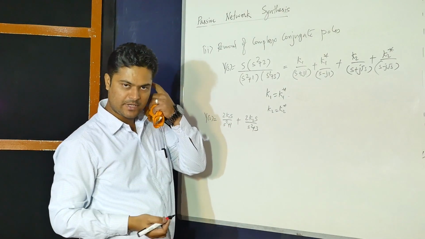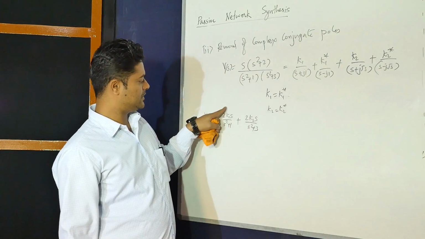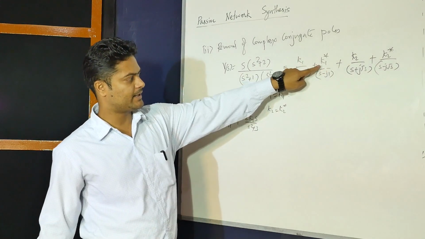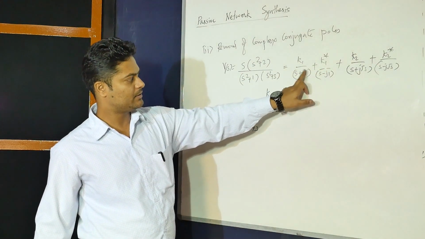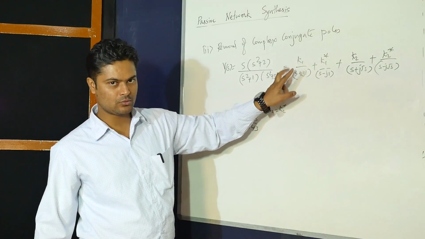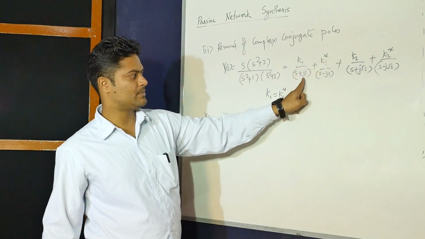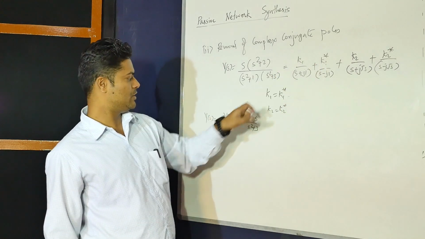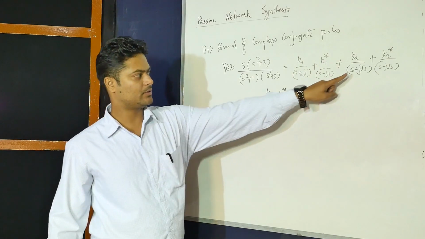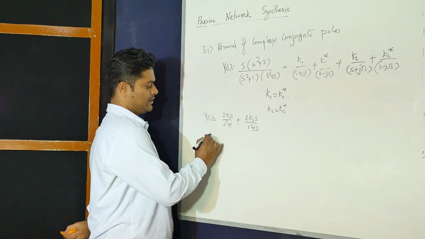Please recall the previous session on the removal of conjugate poles: we end up with 2k1s, since k1 and k1 are the same, k1 into s plus k1 into s is added to 2k1s, whereas k1 into minus j1 and k1 into plus j1 get cancelled. So we have 2k1s by s square plus 1, and s square plus 3 will have 2k2s, and we need to find the values of k1 and k2.